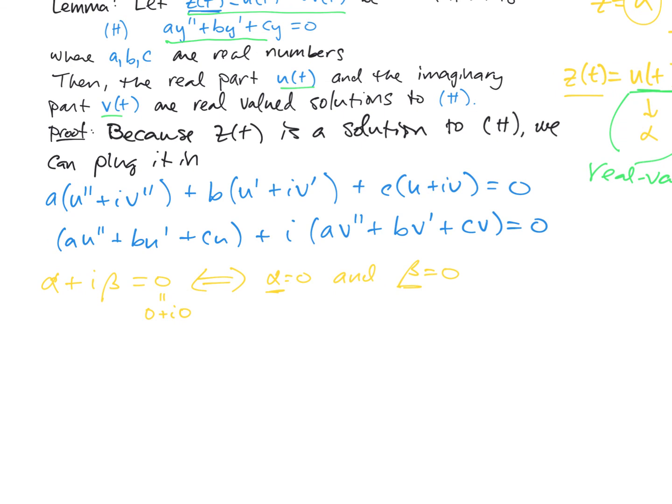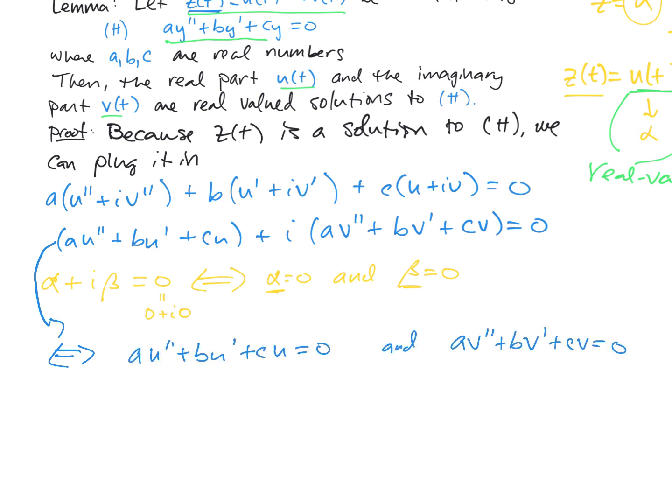So this happens if and only if each of those terms in parentheses is equal to 0, both of those expressions. And of course, that's the same thing as saying that u and v are solutions to H. So that's just what we wanted. So there we go.